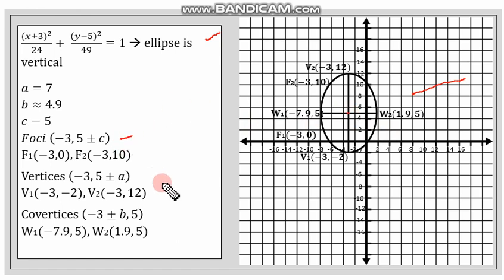The foci are negative 3, 0 and negative 3, 10. The vertices are negative 3, negative 2 and negative 3, 12. While the co-vertices are negative 7.9, 5 and 1.9, 5.